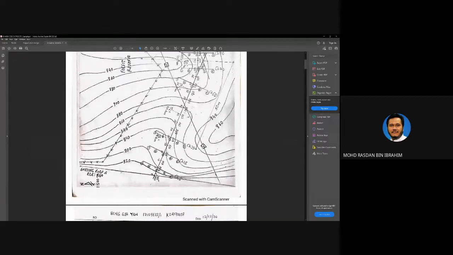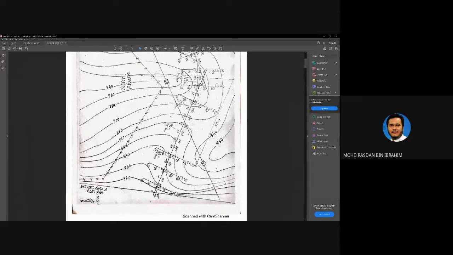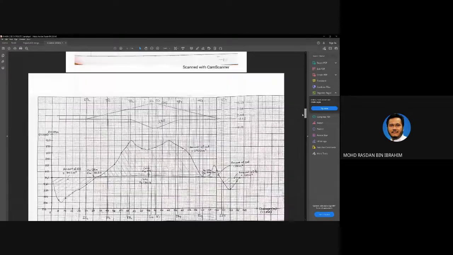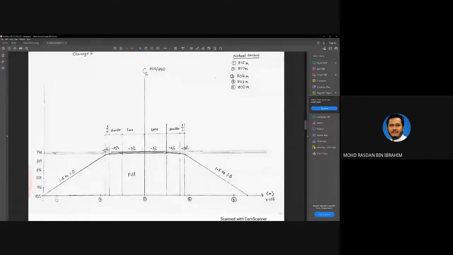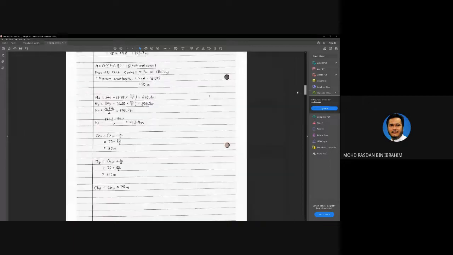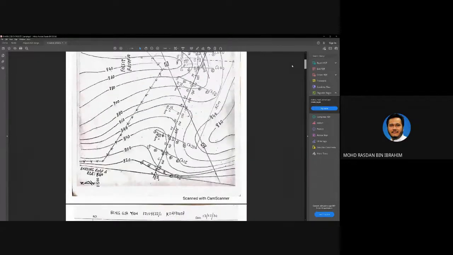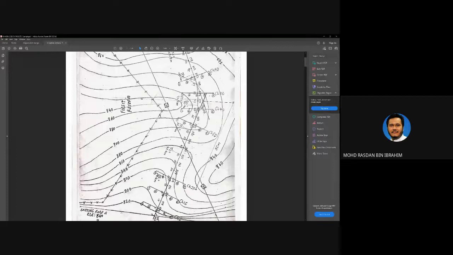For example, this one. Your road is the straight segment here. If you cut along this line, the crossfall is going to be 3% to the left, 3% to the right. But if you slice your road over here at the curve, since the curve is going to the left, your right hand side is going to go up, and the left hand side of the road is going to go down.